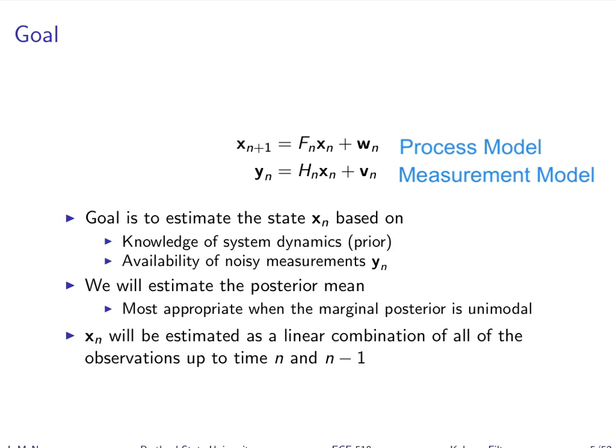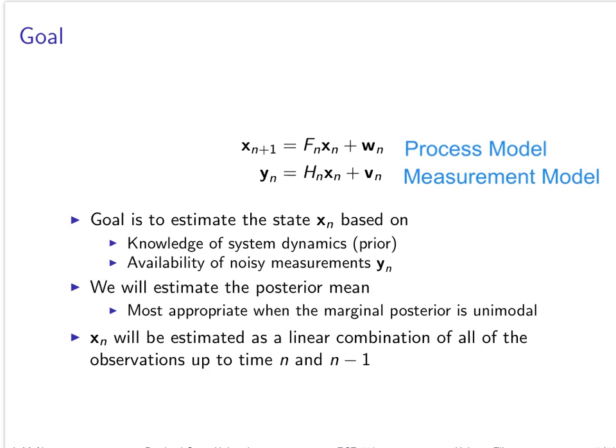So this is where our prior knowledge is, and then these are the measurements. They're giving us data that give us information about our state. And the Kalman filter is able to combine the information from these two sources optimally to estimate the posterior mean.